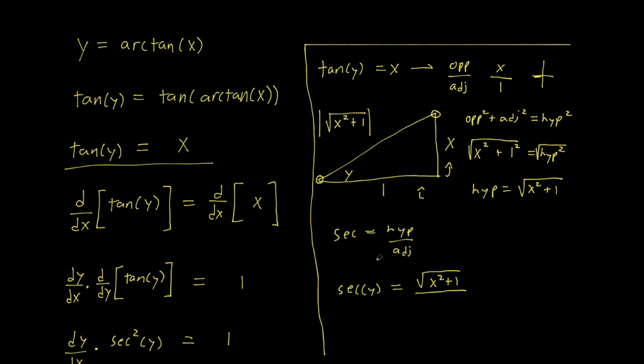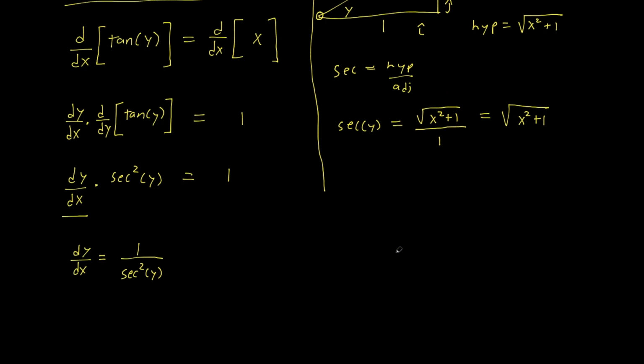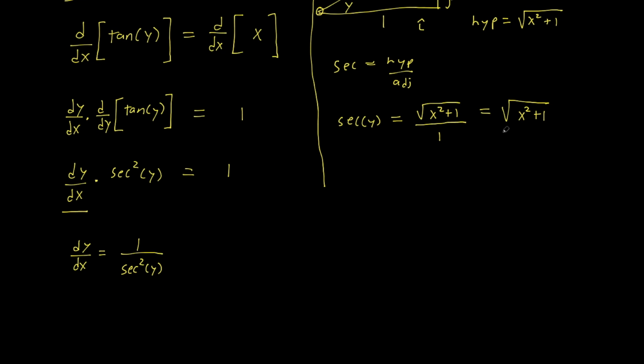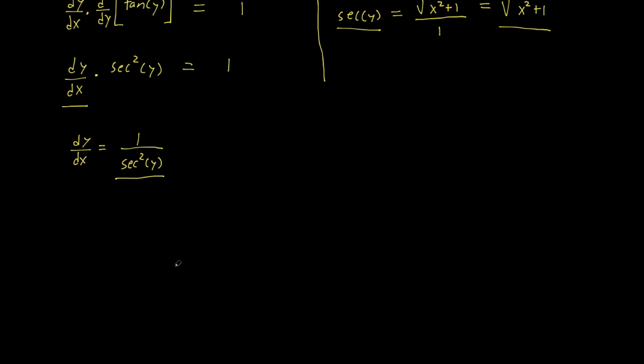And then the adjacent side is just going to be equal to 1. So secant of y is going to be equal to the square root of x squared plus 1. Now we can use this function here, which is equal to secant of y, to replace this and put it in terms of x.